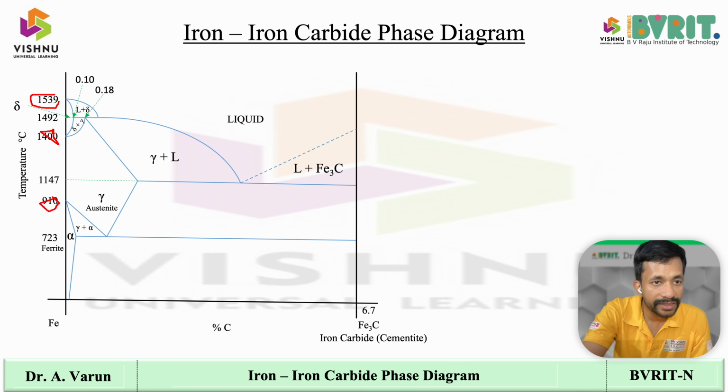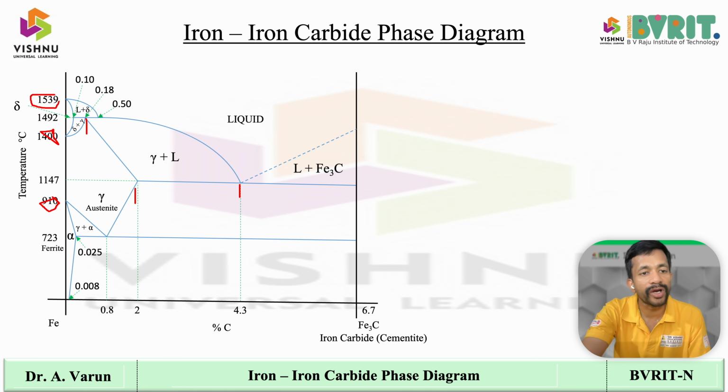This point here is peritectic, where it is 0.18, and then the maximum of liquid plus delta is 0.5, and this point here is 4.3, this point here is 2%, and this one at 0.8. And you can also see here alpha maximum is 0.025, and at room temperature it is 0.008.